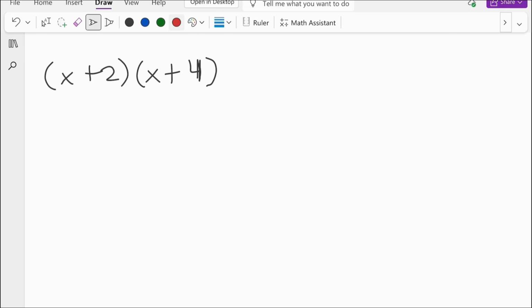Okay, so our first practice problem is x plus 2 times x plus 4. Now, all you need to do is just apply FOIL because we see two binomials, and thus we can use FOIL.